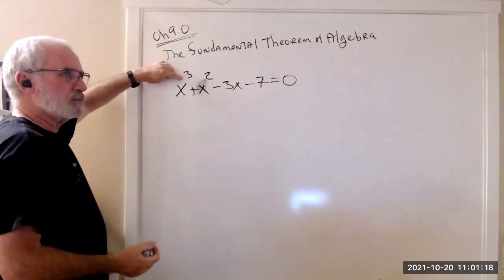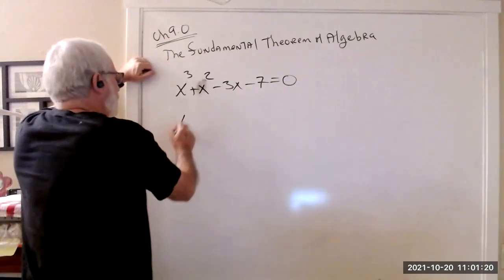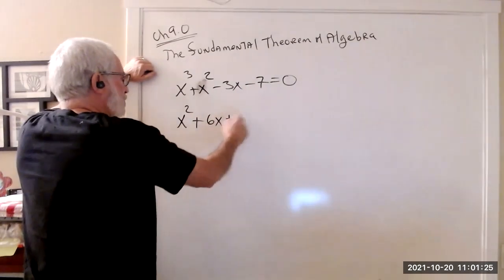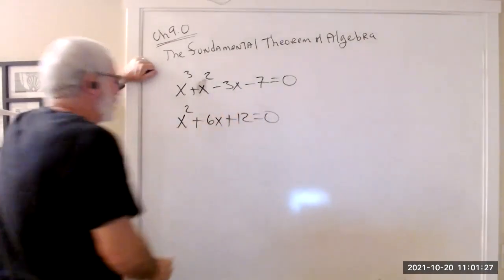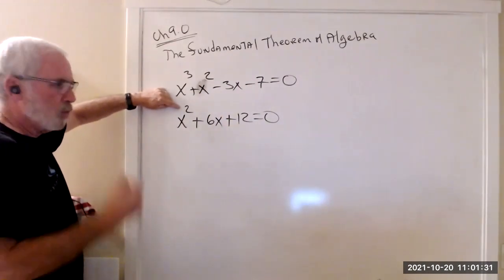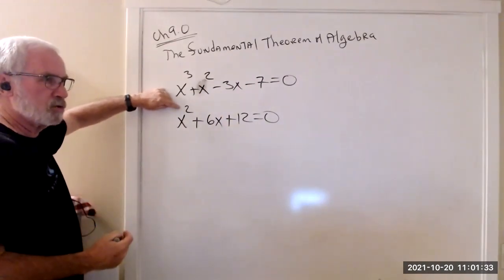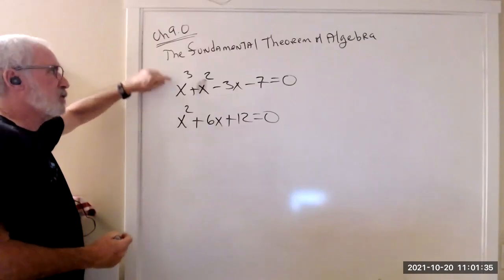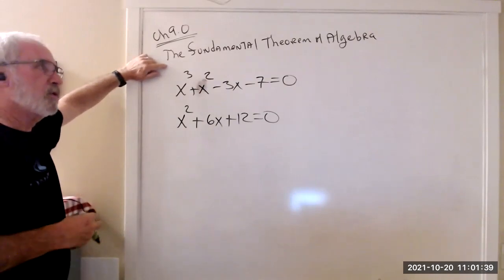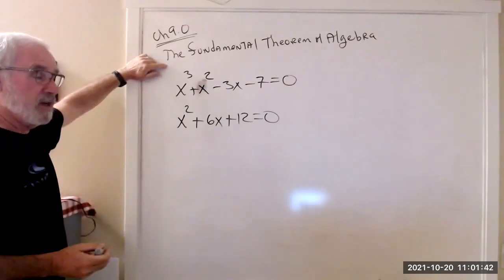maybe less than that, but you could predict 3 solutions. Okay, and think about this: x squared plus 6x plus 12 equals 0. When we had a problem with power of 2, we had 2 solutions. And so the fundamental theorem of algebra was proven 600 or 700 years ago.